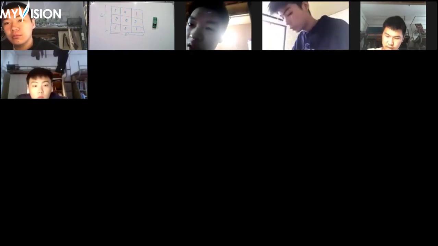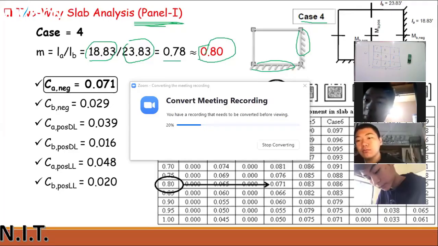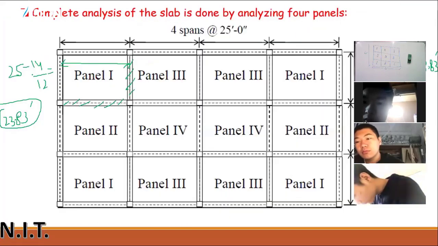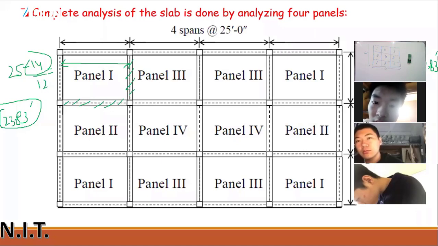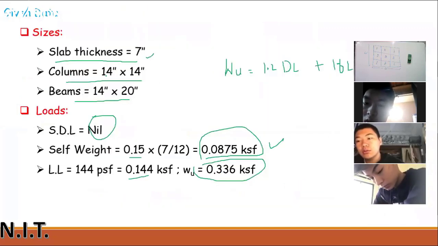Okay, this 14 inches. Okay, let me show you. You are confused with this figure, right? Yes. Okay, let me show you that this is the center line method. The dimension of this column is given as 14 inch.